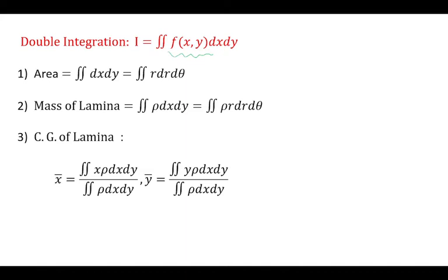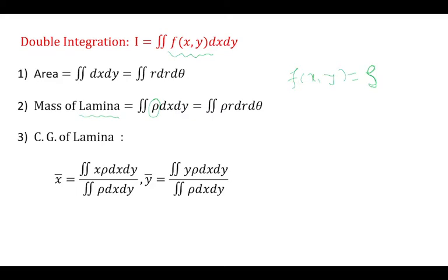Now, instead of 1, say our function of x y is a density function rho. This is the Greek symbol rho, denoted like this. So rho is the density of a lamina. Sometimes the word plate is used, or lamina.